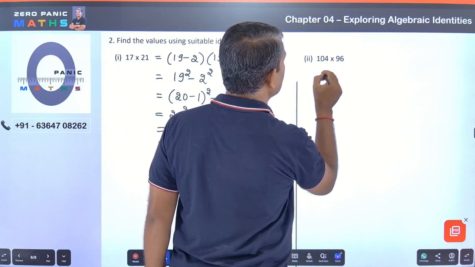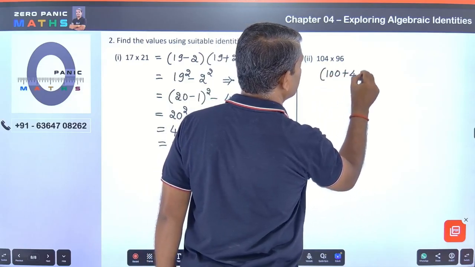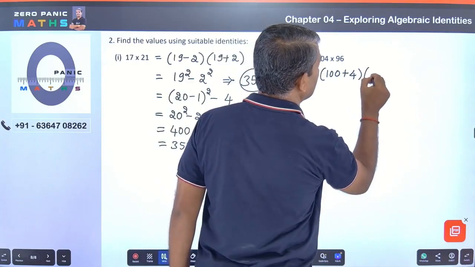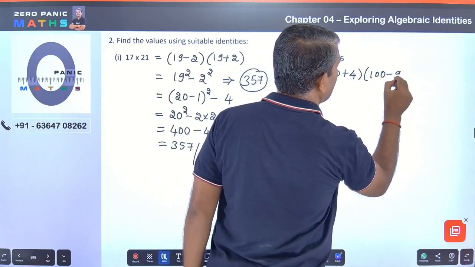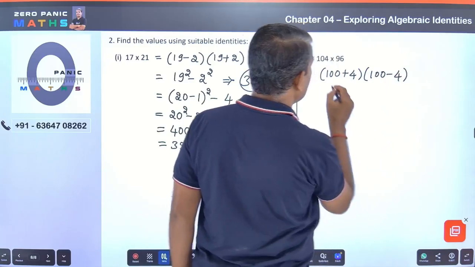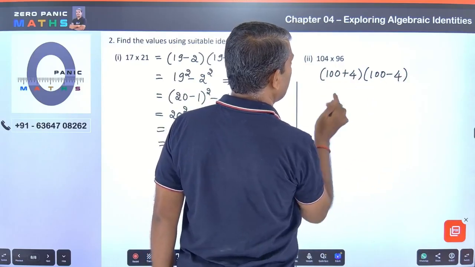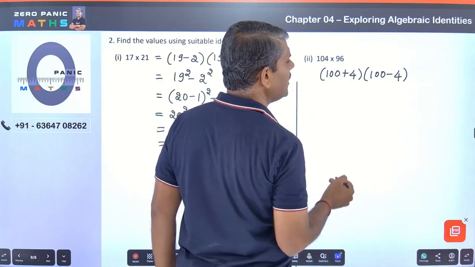It is 100 plus 4. Let me write. We have done so many such problems, it will look like a repetition for you. I'm writing 96 as 100 minus 4 and 104 as 100 plus 4. It is a plus b, a minus b, where a is 100 and b is 4.